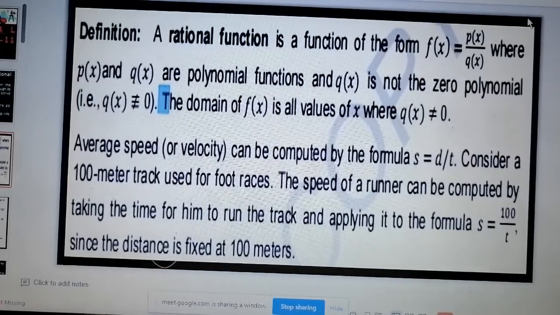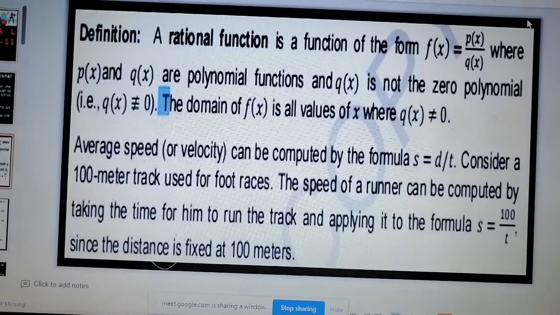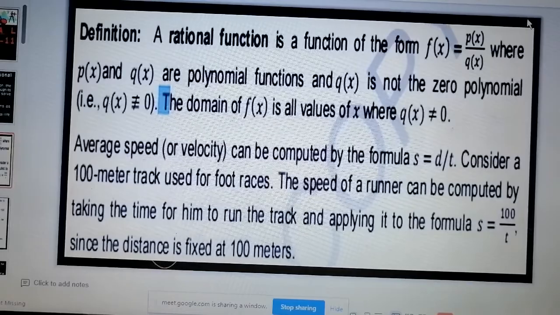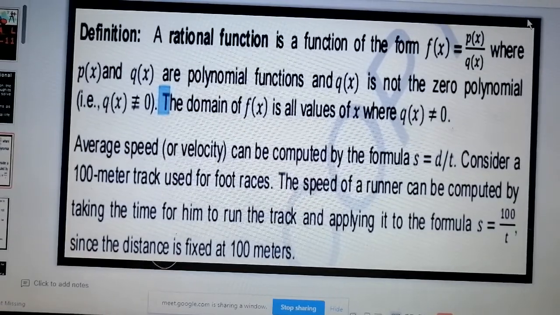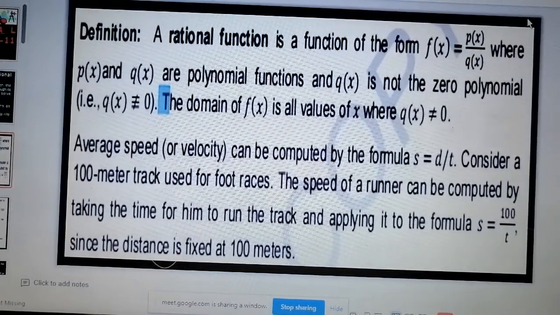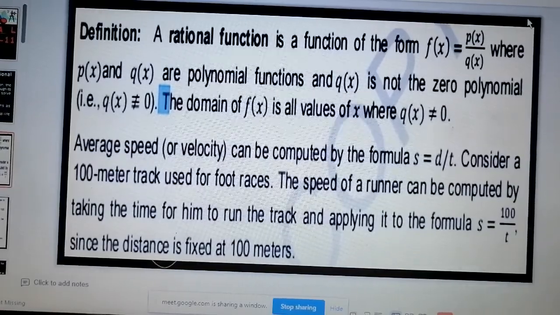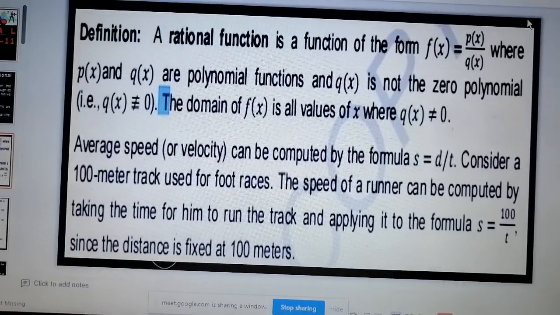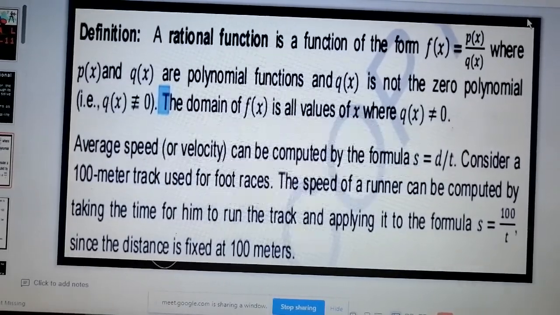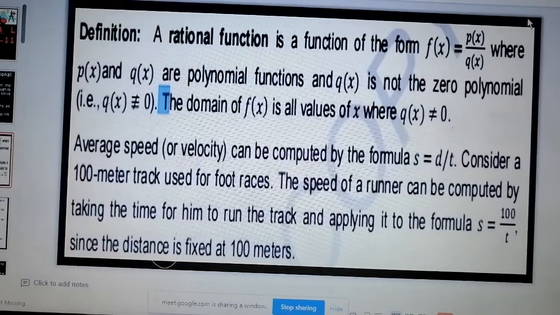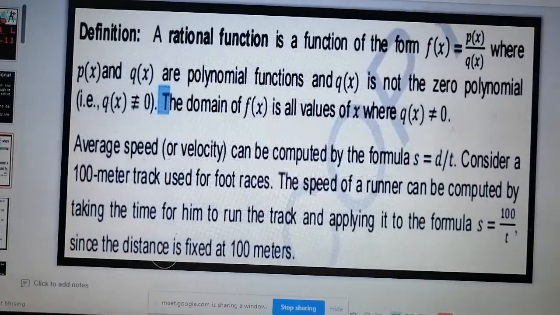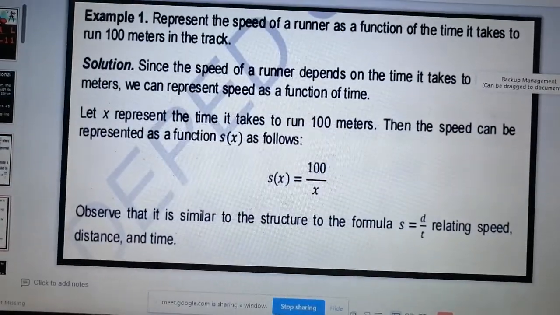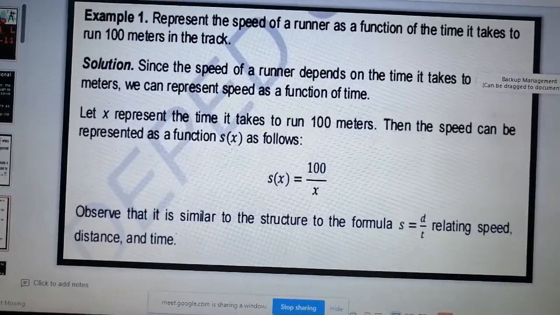The speed of a runner can be computed by taking the time for him to run the track and applying it to the formula of speed, or speed is equal to 100, meter kasi, 100 is distance, divided by time. Since the distance is fixed as the given 100 meters.